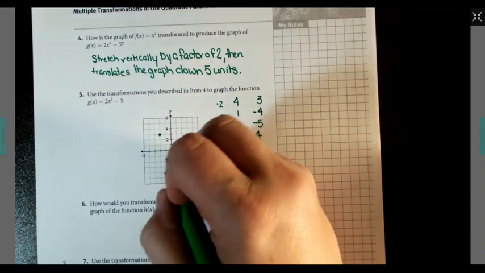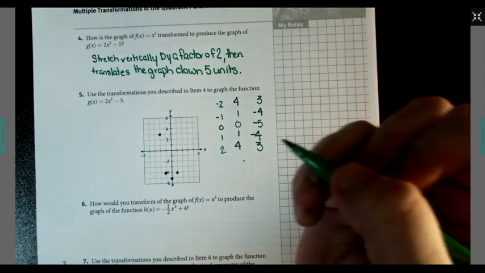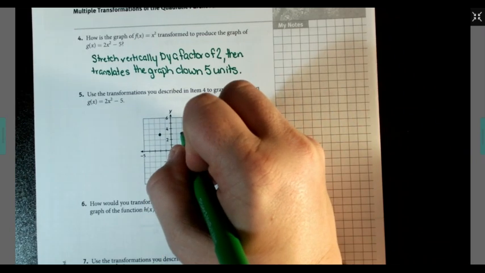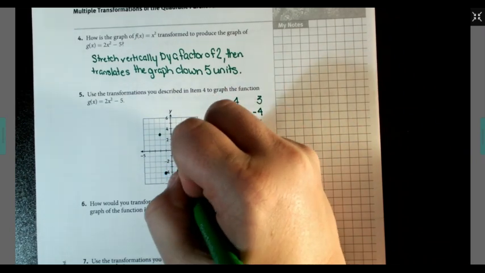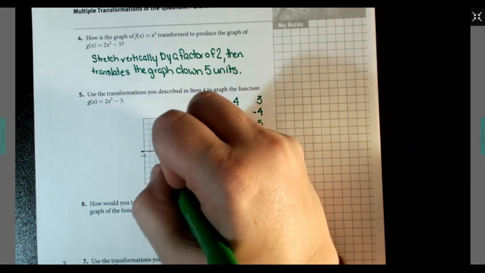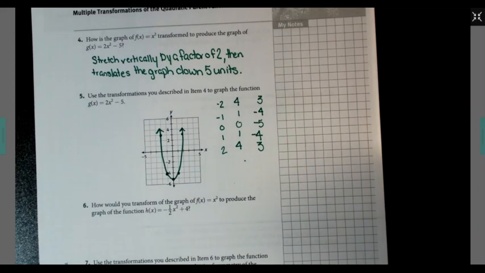We have a point at 0, comma negative 5, 1, comma negative 3, sorry, and 2, comma positive 3. So we stretched it vertically, and then we shifted it down 5 units.